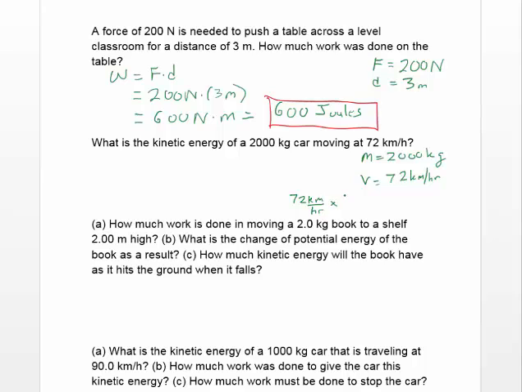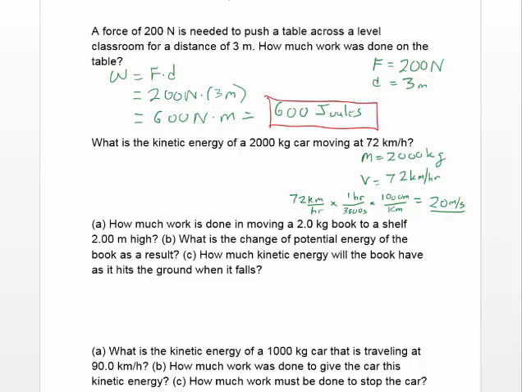So we multiply by 1 hour over 3,600 seconds, and by 1,000 meters in a kilometer, which means that our velocity is 20 meters per second. We have to do that first in order to be able to do the rest of the problem. We have to convert it to the right set of units.